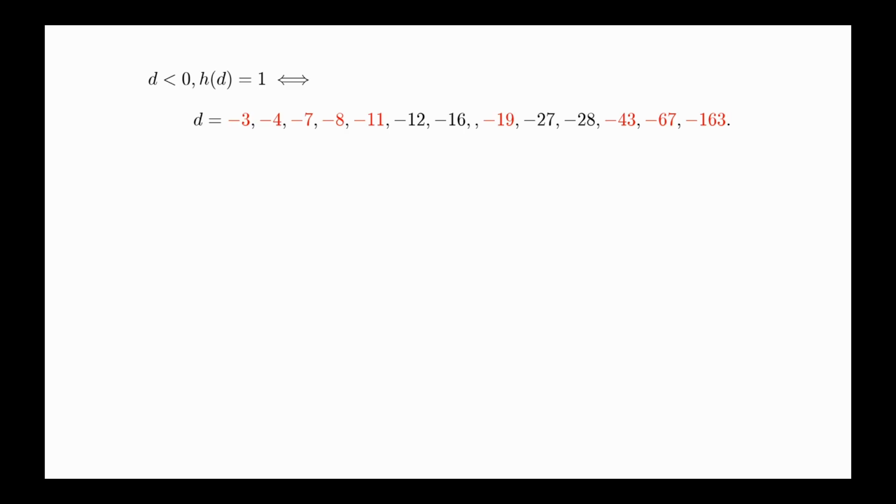And it turns out that for negative discriminants, the class number is 1 for only finitely many values. And this is a theorem of Baker-Stark-Heegner, as we said before. It was first conjectured by Gauss, and Gauss had in fact already conjectured all the values, but it was only first proved by Heegner.